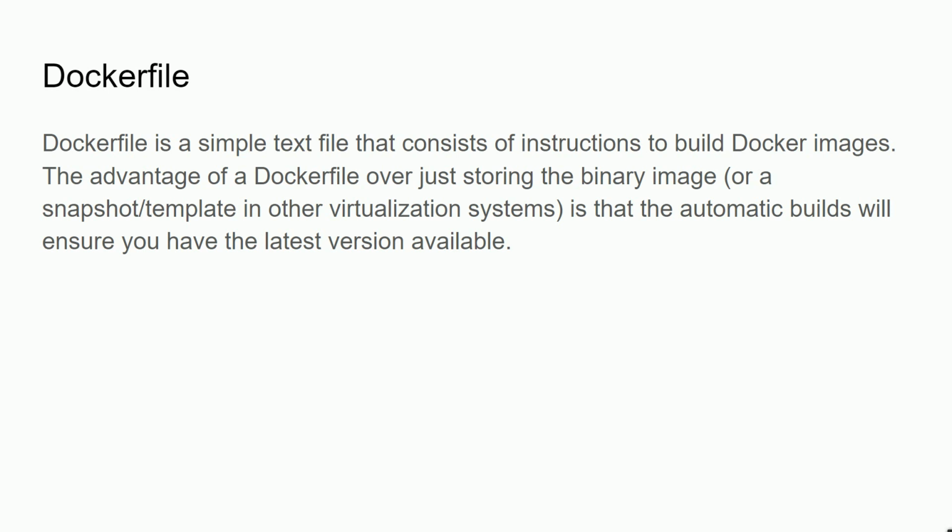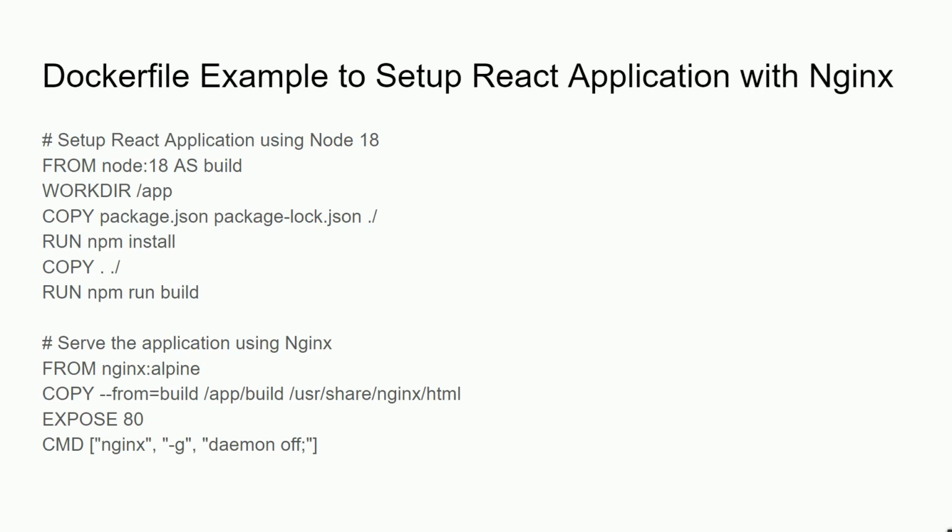So let's take an example of a Dockerfile. This is an example to set up a React application with Nginx. Here you can see, from Node, first it is trying to download the image node:18 as a build. Then it will create a directory, then copy the package.json, then run npm install, copy and run.